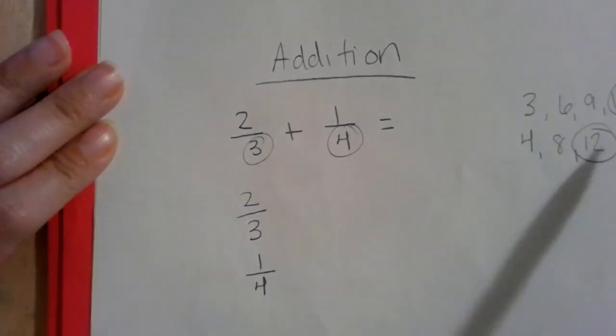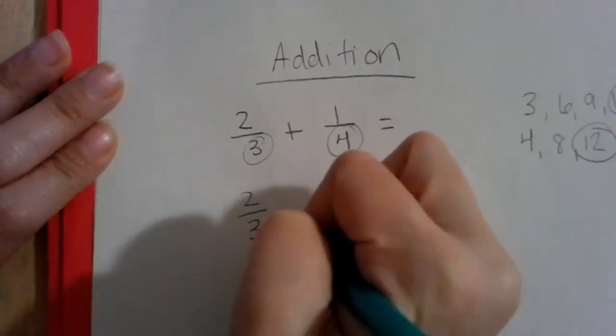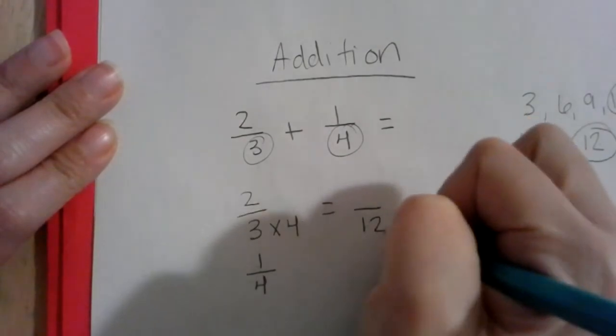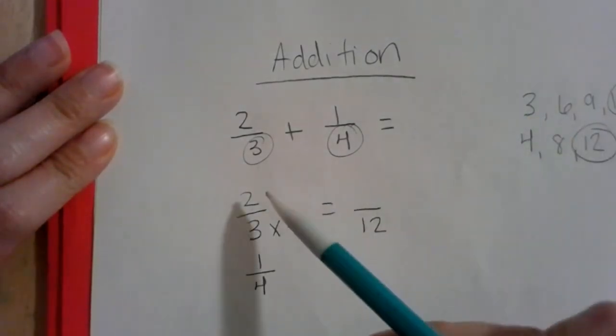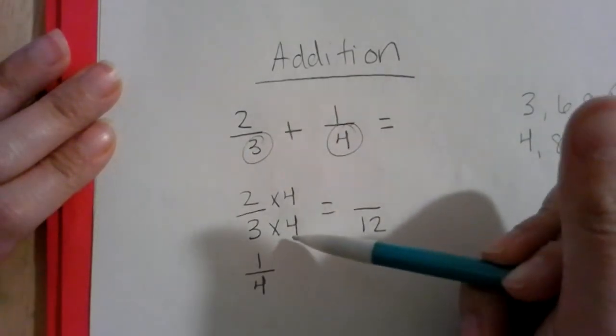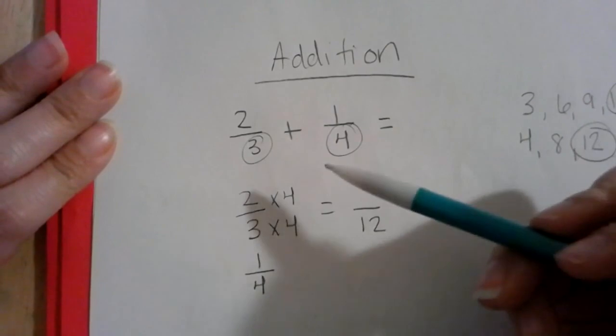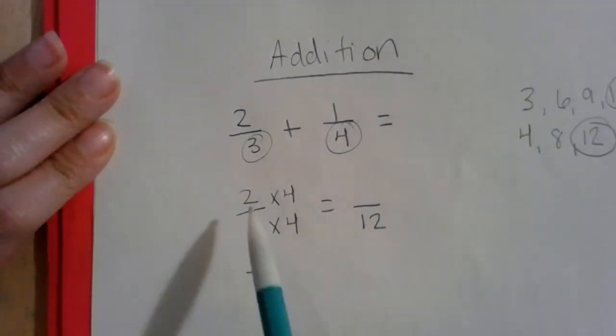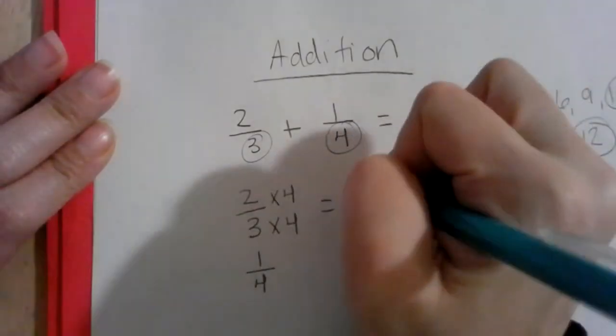So I would have 2/3. I'm going to multiply the bottom by 4, because remember our goal denominator is 12. And I'm going to also multiply the top by 4. I like to say to the students, whatever I do to the bottom, and they repeat, I must do to the top. So now I can say that 3 times 4 is 12, and 2 times 4 is 8.